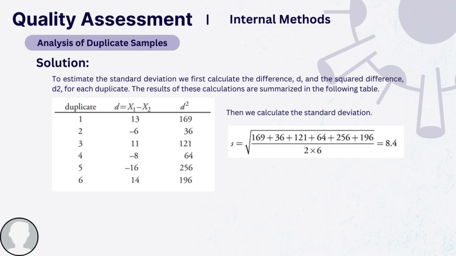The results of these calculations are summarized in the following table. After getting the difference and the squared difference, we calculate the standard deviation, and the answer is 8.4.